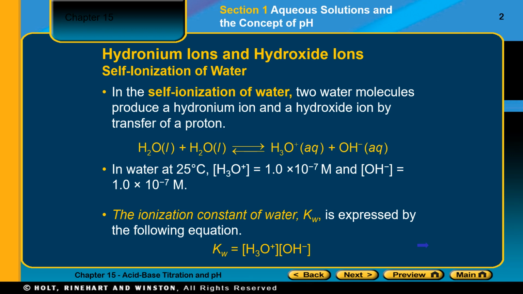And this equation will be true whether we're talking about pure water, an acid, or a base. We'll use the same equation for all of them. So the ionization constant of water is just the product of the two. We'll work with that a little bit more.